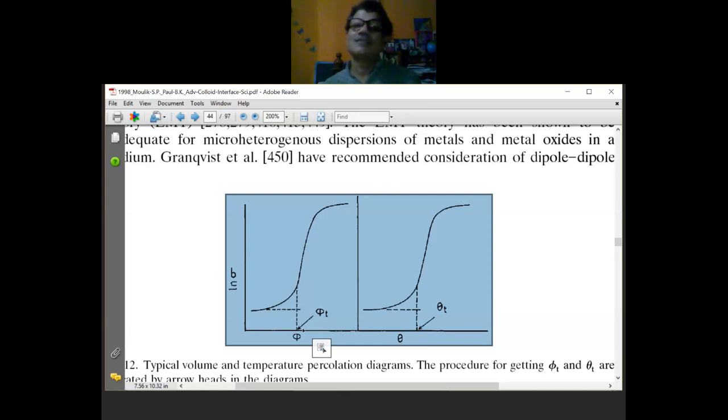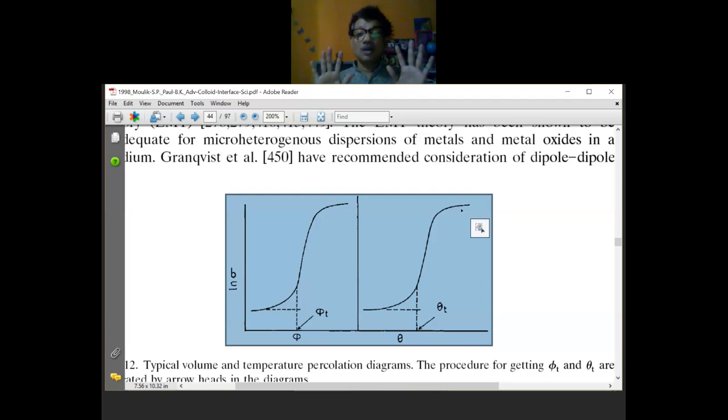You would expect the electrical conductance to increase after a certain threshold temperature. This is called theta T. In earlier days, temperature was written with theta. And again there would be a manifold increase in the electrical conductance, and this increase is induced by the increase in temperature. So that is why it is called temperature induced percolation.